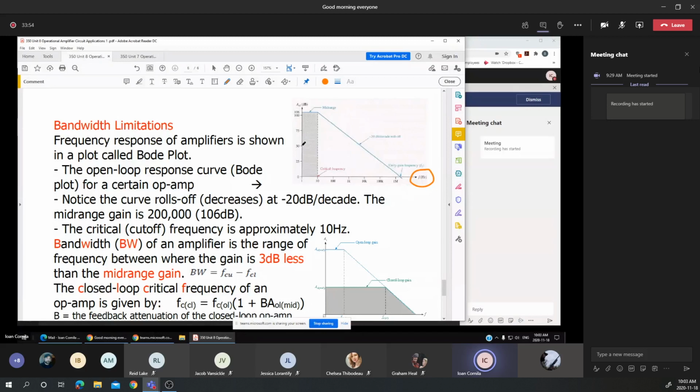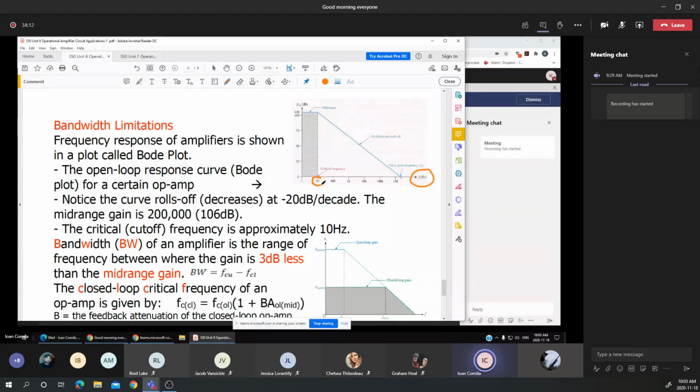Now, in some applications, you may not need a very high gain. That's the open circuit, or the open loop gain, in terms of 10^5 or 10^6, which is 106 dBs.